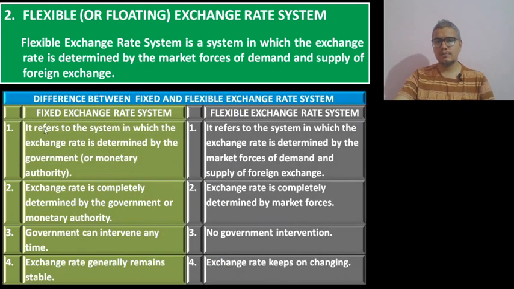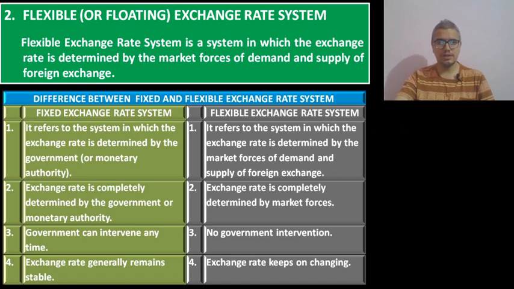Now if we are to compare the fixed exchange rate system with the flexible exchange rate system, then we see that the fixed exchange rate system is such an exchange rate system where the exchange rate is determined by the monetary authority or government. In case of the flexible exchange rate system, the exchange rate is determined by the market forces of demand and supply of foreign exchange. So it is totally dependent on the market forces.